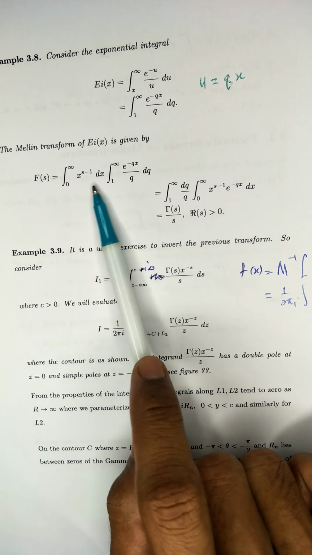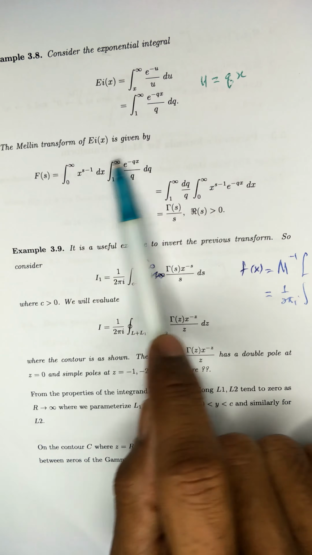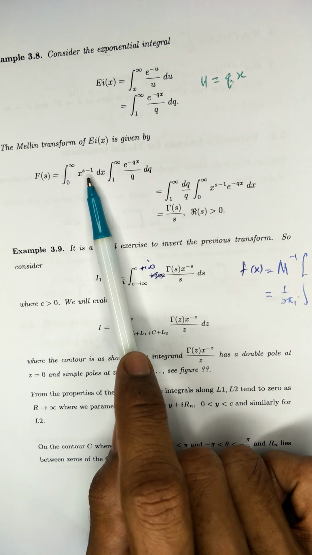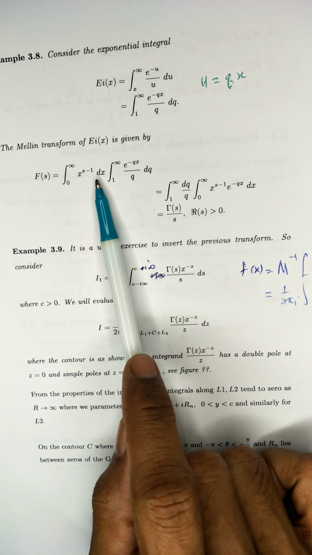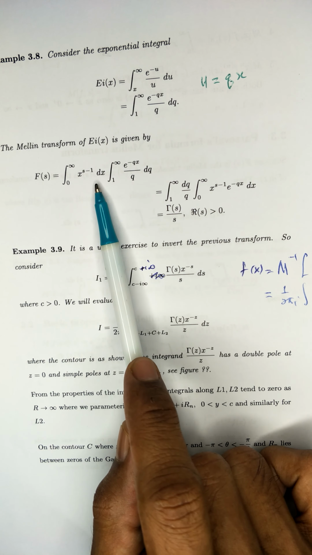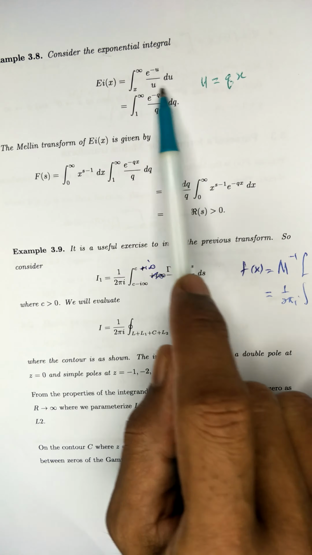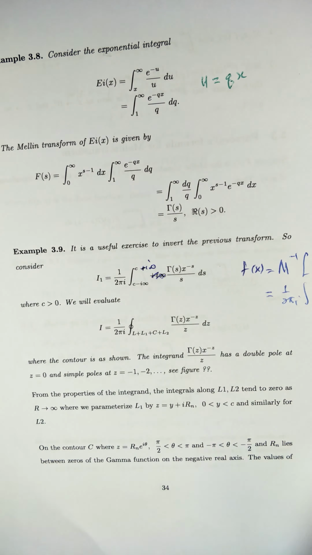So this is the definition of the Mellin transform: we have x^(s-1) f(x) dx, where f(x) is given here.